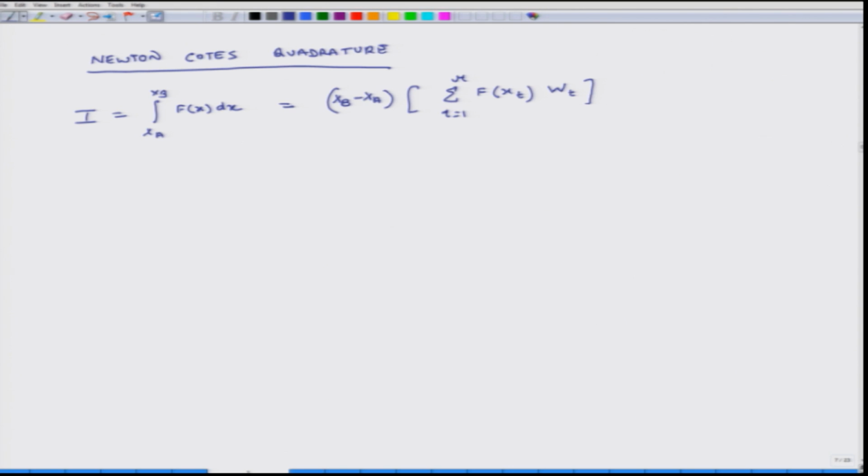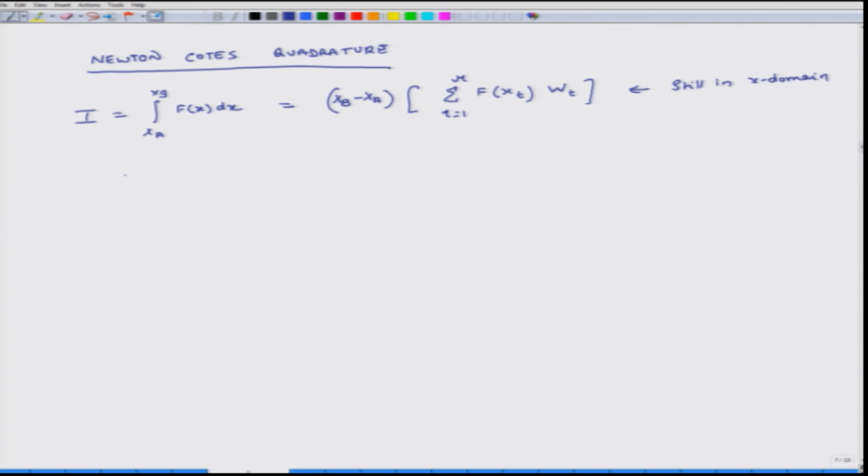Now, note that here we are still in x domain, we did not shift to the zeta domain. This is very important to understand.